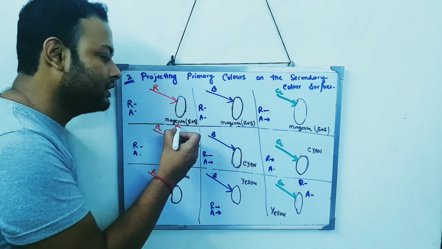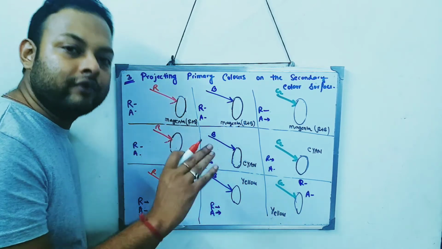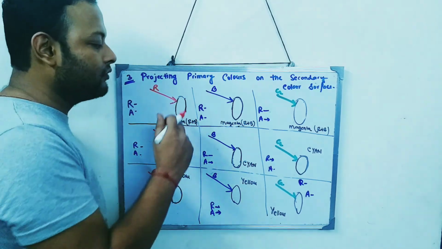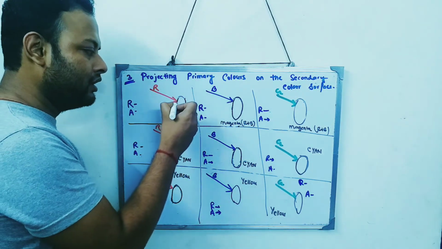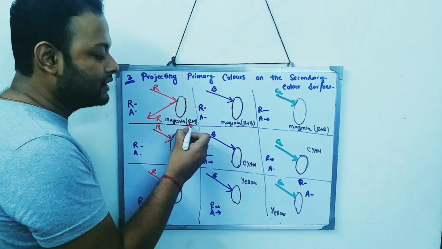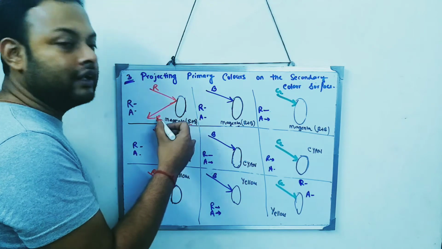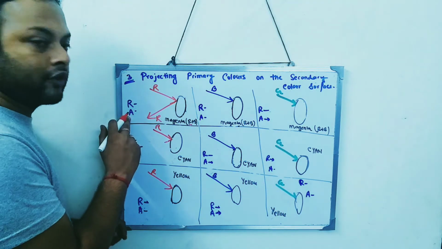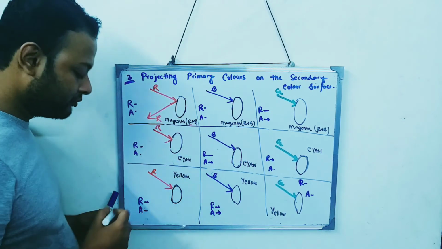So this surface is made up of, say, 50% red color, and red color is also coming. So the surface will reflect the red color, because the surface has red color.